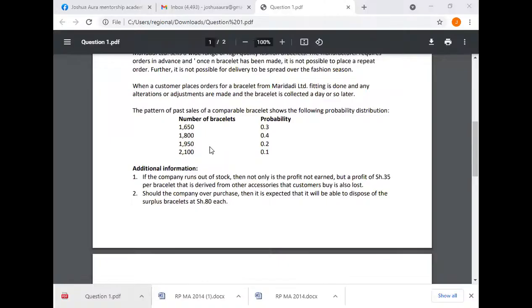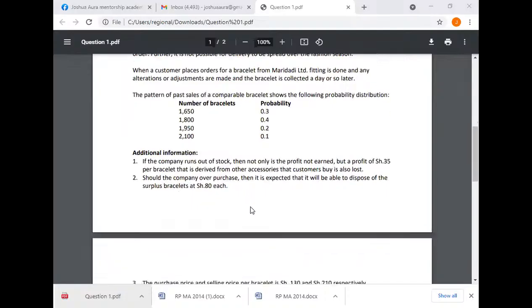Additional information: if the company runs out of stock, then not only is the profit not earned, but a profit of shillings 35 per bracelet that is derived from other accessories that customers buy is also lost. Should the company overpurchase, then it is expected that it will be able to dispose of the surplus bracelets at shillings 80 each.